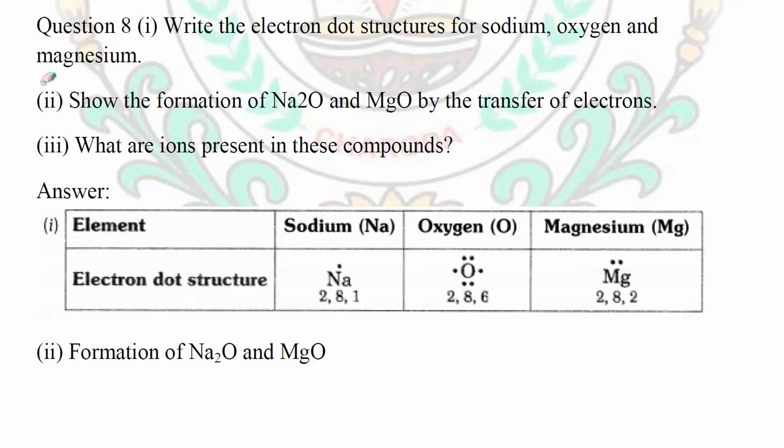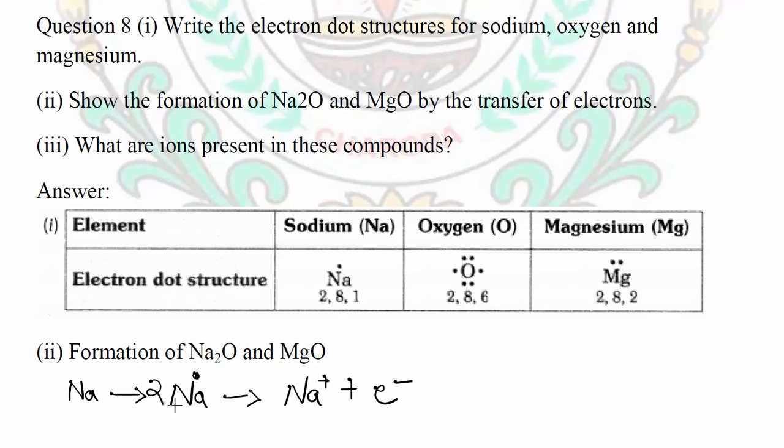Next, the question is asking us to represent the formation of Na2O. So for Na2O, sodium has the Lewis dot structure like this. So here sodium will be releasing 1 electron to form a sodium cation.